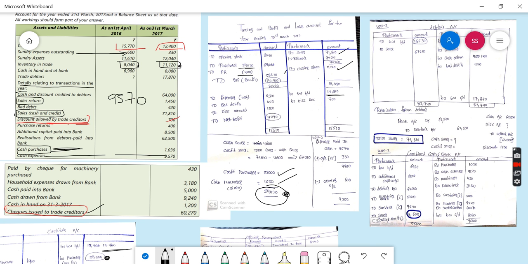That means we might have paid outstanding expenses of last year also, but we don't consider those in this year. If it is last year, deduct it, and if this year's expenses are still outstanding, we need to add them. In simple words, if anything belongs to the current year, add it. If anything belongs to the previous year, deduct it, because we need to consider only present year items. If you do that, you will get 9,300, which we will post here.